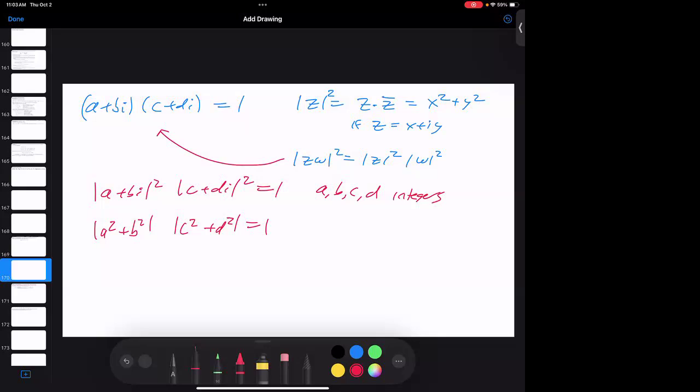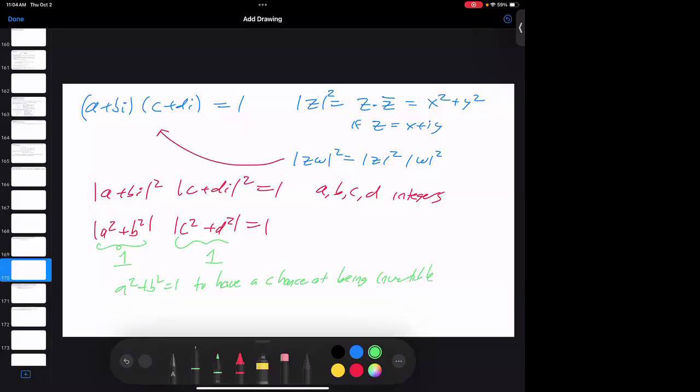So what must be true about each of these magnitudes? What's the only possibility for a squared plus b squared? 1. And what's the only possibility for c squared plus d squared? 1. So we need a squared plus b squared equal 1 to have a chance at being invertible.